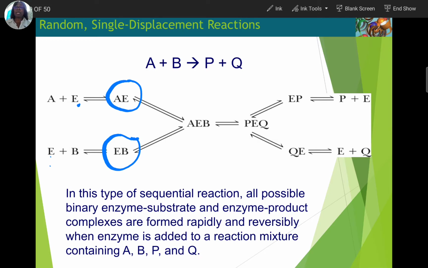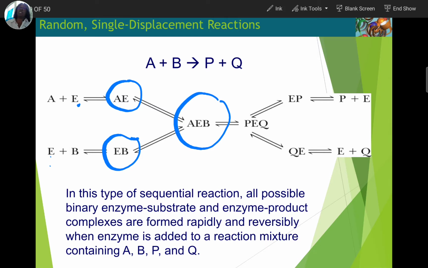In order to get to the next stage, these two binary complexes of the enzyme plus one substrate have to get together to form the ternary unit, where we have the enzyme combined with A and B. And notice that we start out with two units of enzyme, one A and one B. When they get together, one unit of enzyme is released, and we have AEB, the complex.